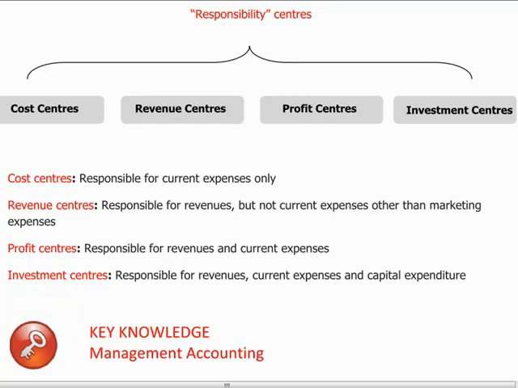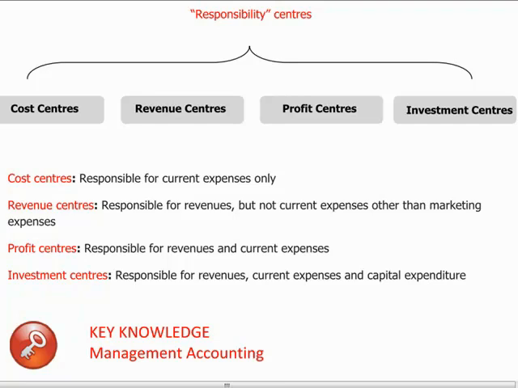So the goals of such a center will be very much profit driven, and it will be left to the discretion of the manager in charge to supervise the way in which revenues and current expenses are generated so as to produce the most beneficial effect from a profit point of view.